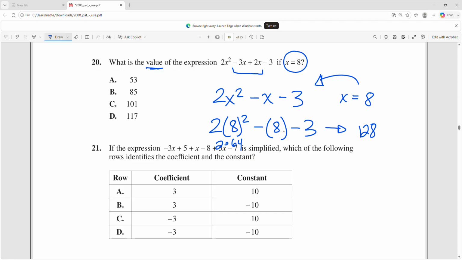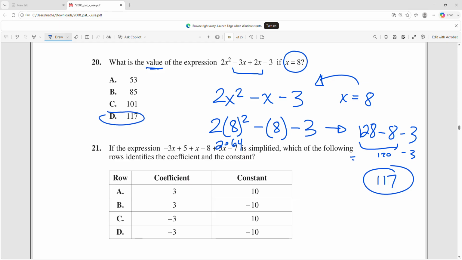And then we're subtracting 8. And then we're subtracting 3. So 128 minus 8 is 120, right? 120 minus 3 is going to be 117. Let's see, there we go. Looks good to me. Moving on.